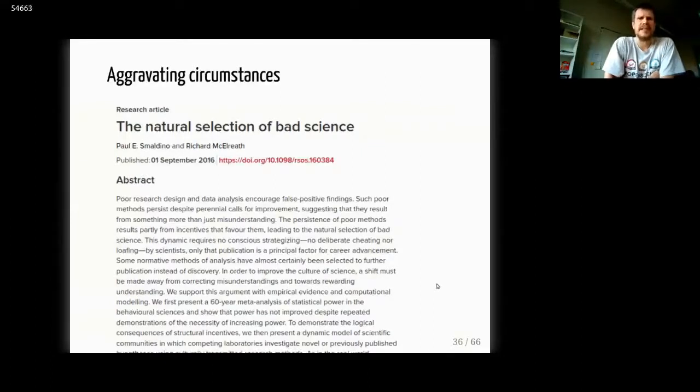So we know that these things happen, but they keep on happening, suggesting that they result from something more than just misunderstanding. The persistence of these poor methods results partly from incentives that favor them. So there is some kind of natural selection for bad science or bad science practice.